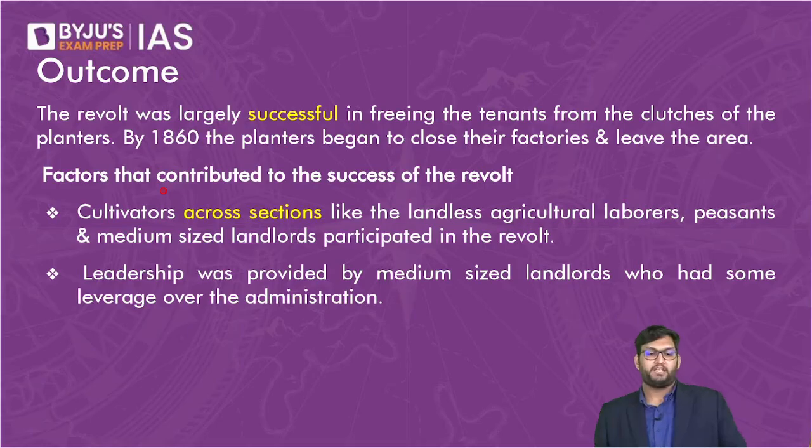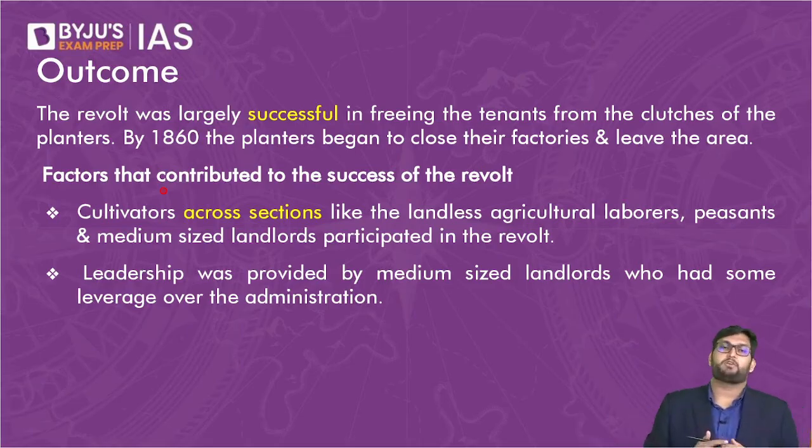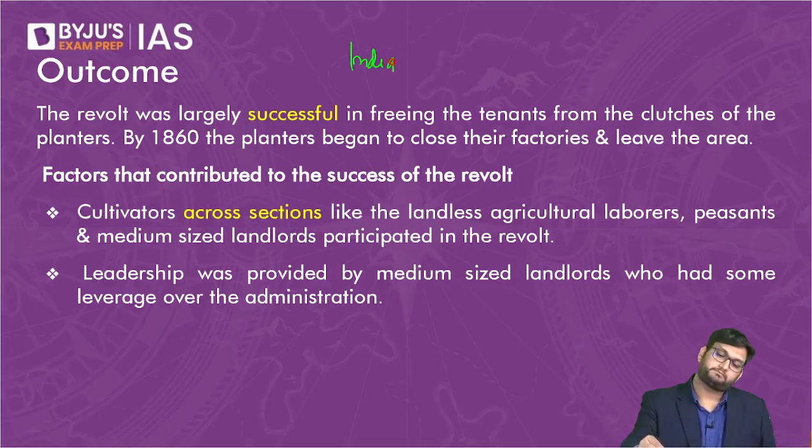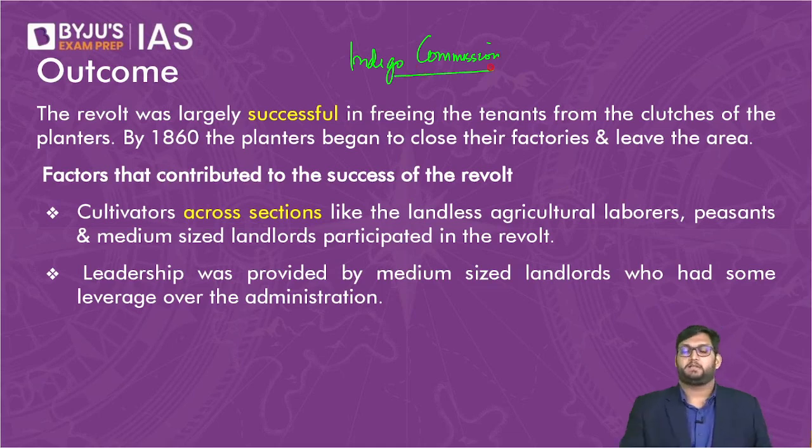Now, the outcome of this whole process is that it was largely successful because the tenants will be coming out of the planters. The Indigo Commission is also going to be established, and most of the planters had to leave these areas by 1860 because of the way the peasants had responded.